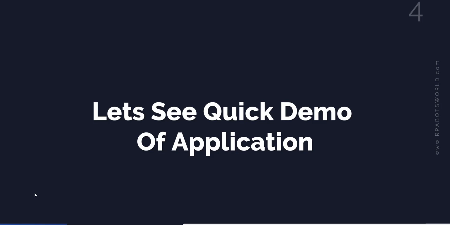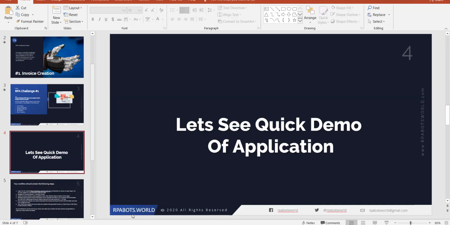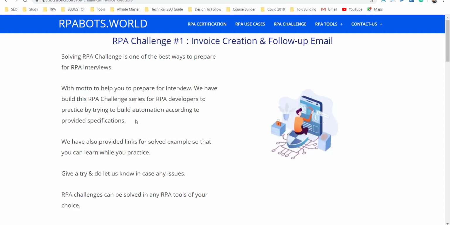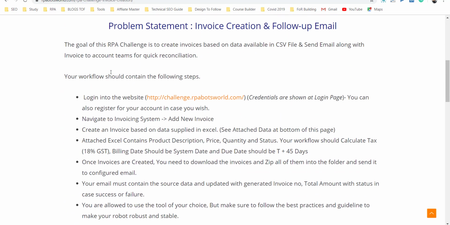For this, let me escape this presentation and quickly go to the application that we need to use in this automation. You can find more details of the RPA challenge on our blog, and there you have all the steps mentioned for what exactly you need to do.